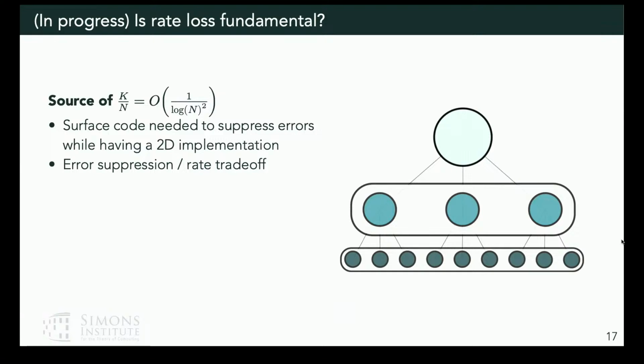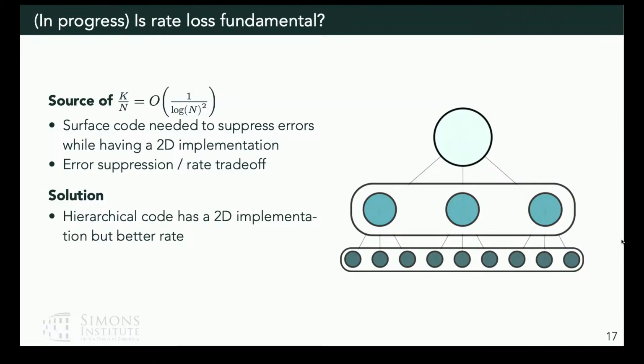And then finally, I want to end with this other nice idea. We've gotten to 2D and we're almost at constant rate, and you might ask, is this polylog factor fundamental? Because I'm presenting this in a talk, the answer is no. The main observation is that we needed these surface codes to suppress the errors while having a 2D implementation, and the surface code has this nasty error suppression and rate trade-off.